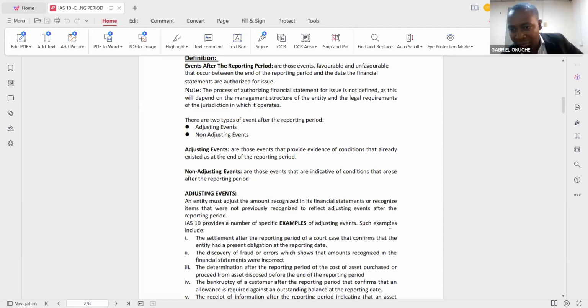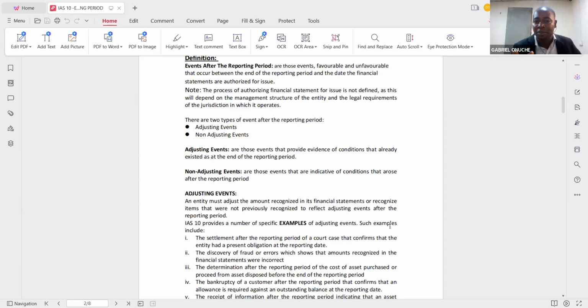So what that simply means is that the process of authorizing financial statements for issue by the board strictly depends on the management structure of an entity, or on the company policy, or in some jurisdictions on the legal requirements of the jurisdiction in which the company operates.